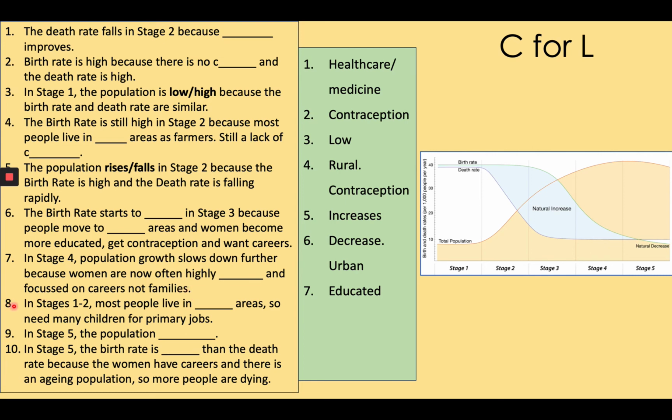Number 8. In stages 1 and 2, most people live in rural areas, so need many children for primary jobs. Number 9. In stage 5, the population decreases. And number 10, in stage 5, the birth rate is lower than the death rate because women have careers and there is an aging population, so more people are dying.